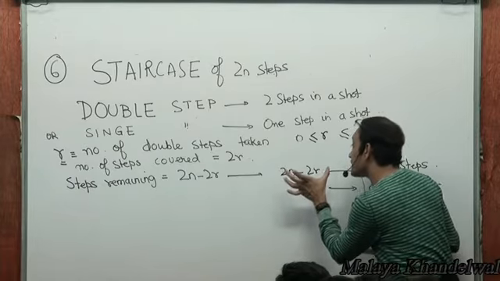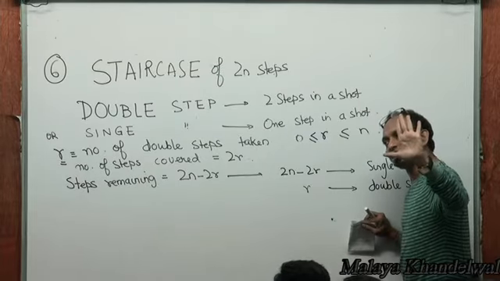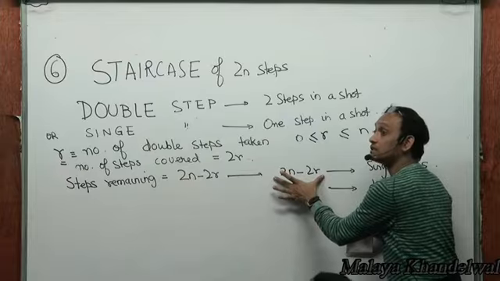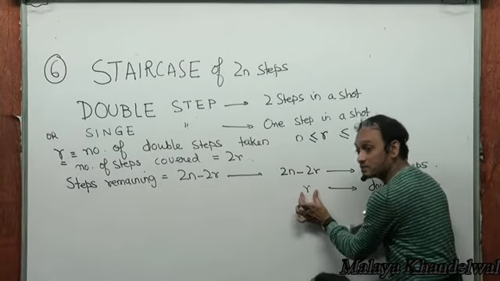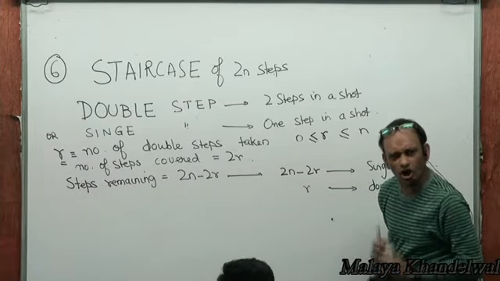Total number of units of steps will be 2n minus 2r plus r. That's the total number of steps that he has taken. These many are double steps and 2n minus 2r are single steps. Yes or no?